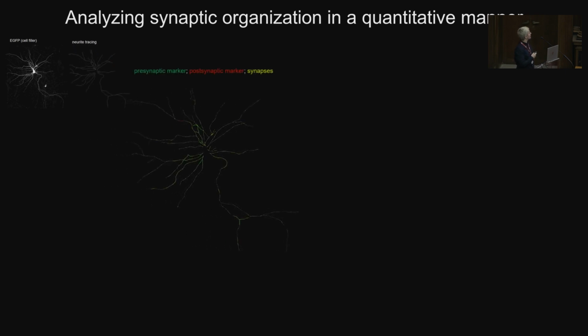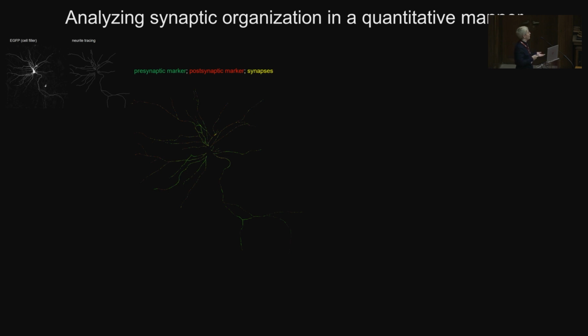Then you can overlay the structure with specific synaptic markers. These are proteins that localize specifically on the presynaptic compartment or postsynaptic terminal, and when these two compartments overlap, we consider it a synapse.